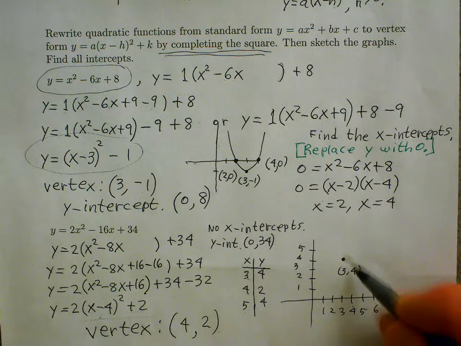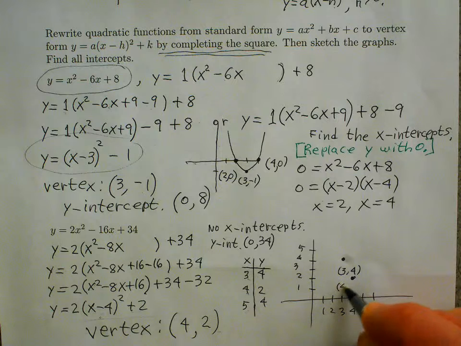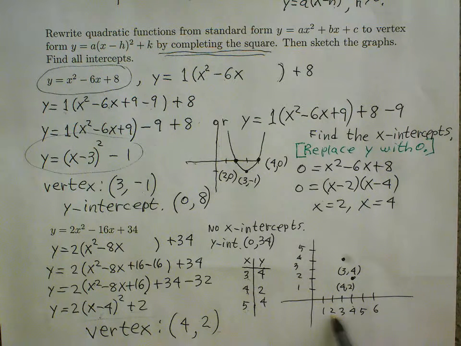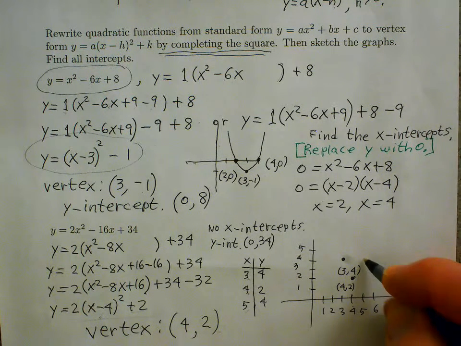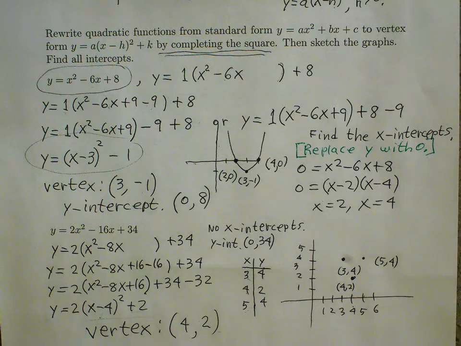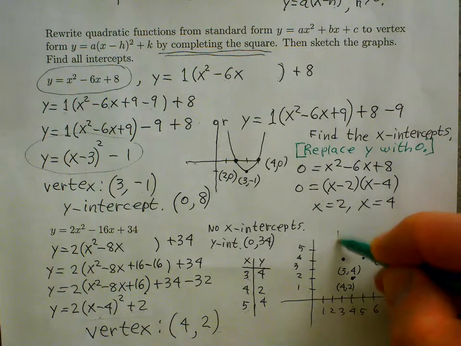So 3, 4 is on the graph. 4, 2 is down here. I sort of botched that graph. 5, 4 is up here. So we get our parabola.